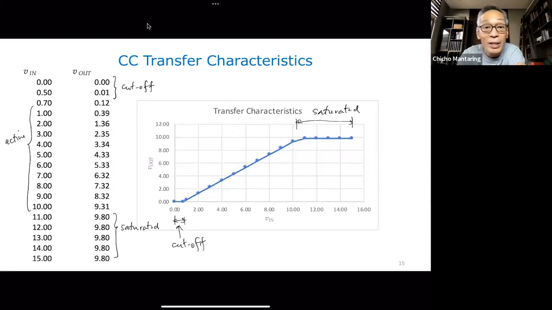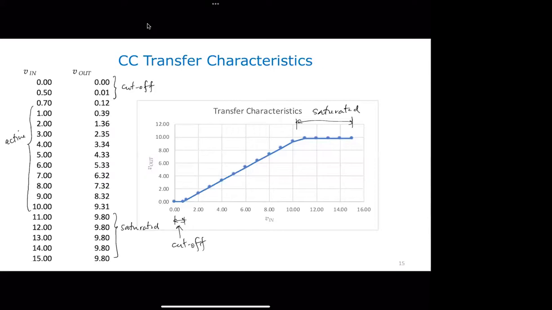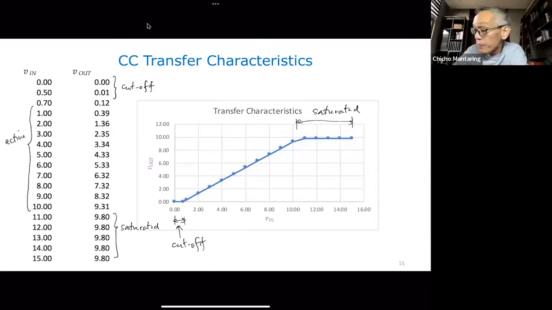Sir, is it 1? Yeah, if you take a look at the slope of this, the slope is approximately equal to 1, which is your gain. And that is the characteristic of your common collector.